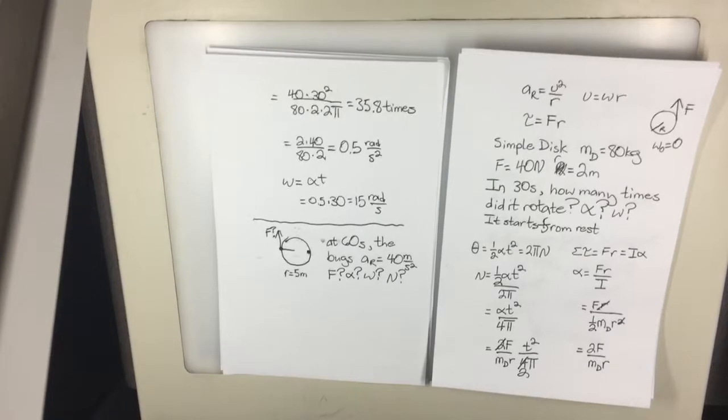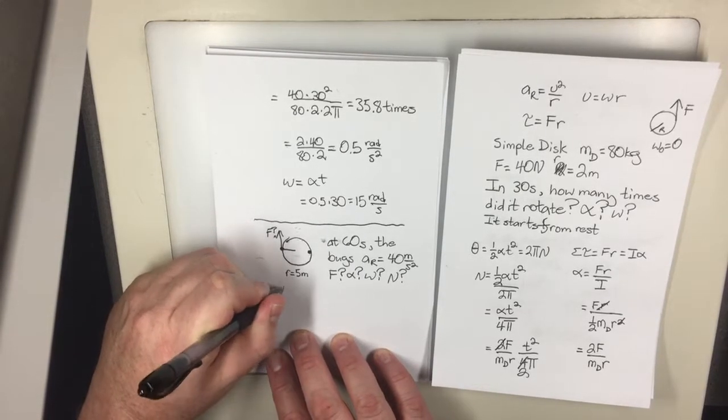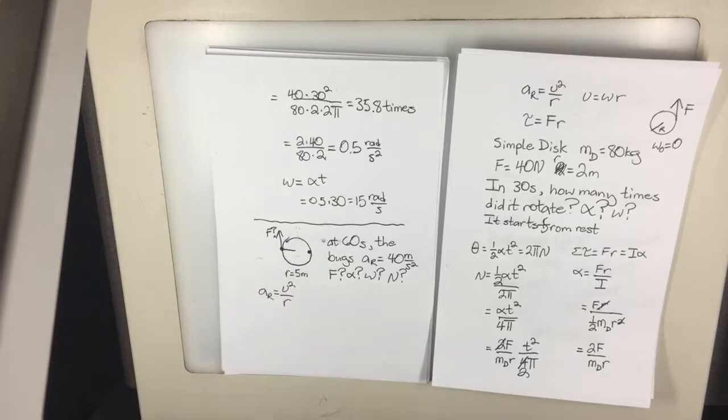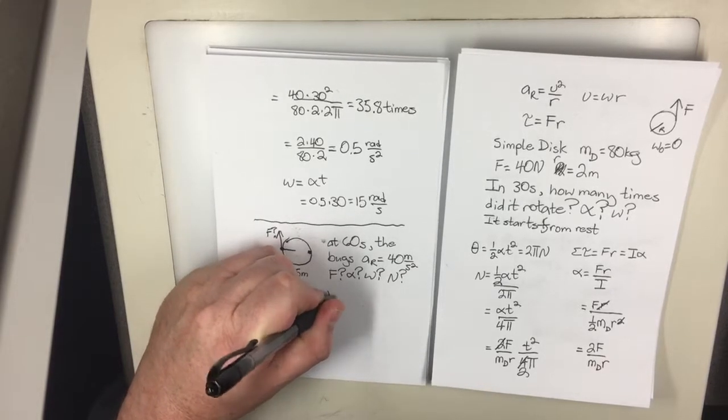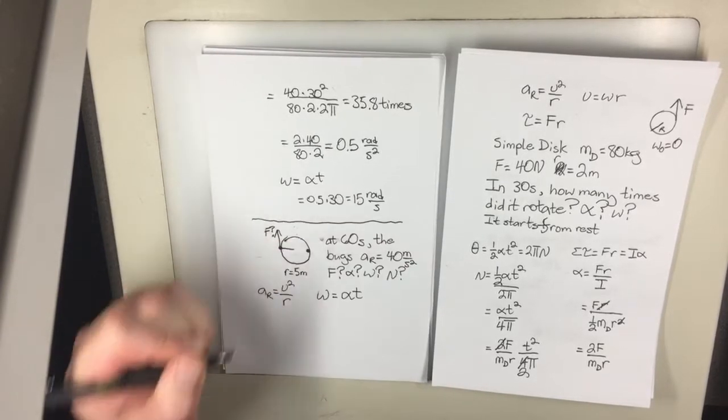So if I say A sub r is equal to 40, you know for a fact that AR is equal to V squared over R. That we're able to get a relationship with that. If I know my radial acceleration, which is V squared over R, and that at 60 seconds, it's 40 meters per second, I know that omega is alpha t.